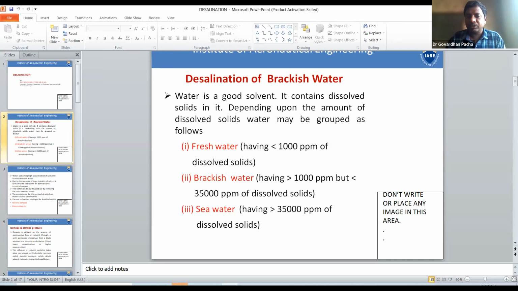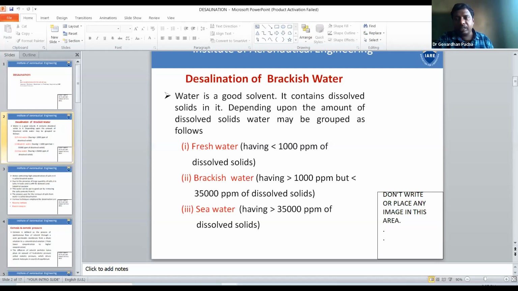That means from lower concentration to higher concentration. So remember this point. Osmosis is the flow of the solvent from lower concentration to higher concentration when both are separated by a semi-permeable membrane.